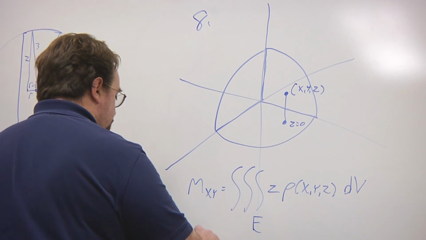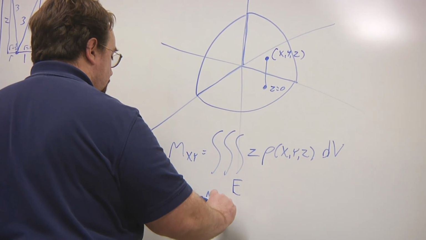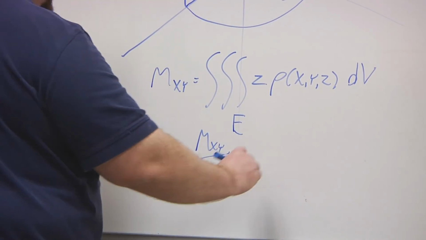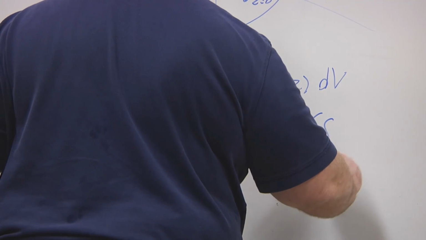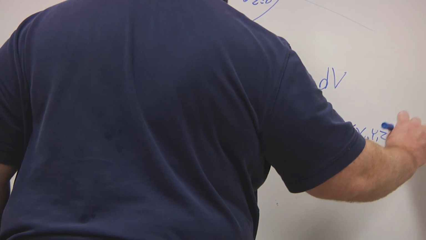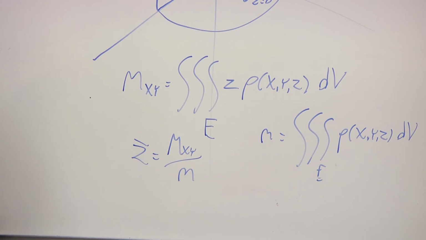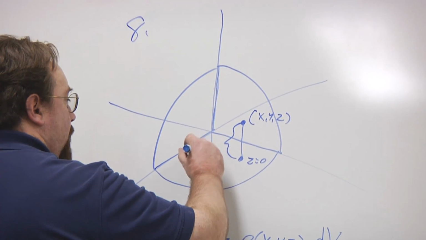So then the z coordinate of your center of mass is going to be Mxy over m. m is going to be the mass, where you're just going to integrate the density. So this distance, that's your rho(x, y, z).